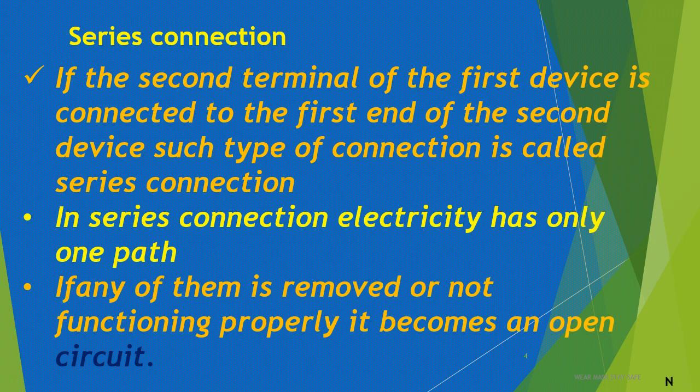That means if you remove any bulb or one bulb gets damaged, then there is a problem with the entire connection. When one bulb is removed or not functioning properly, the circuit becomes open. Already in the last class you learned: when the circuit is open, does the bulb glow?